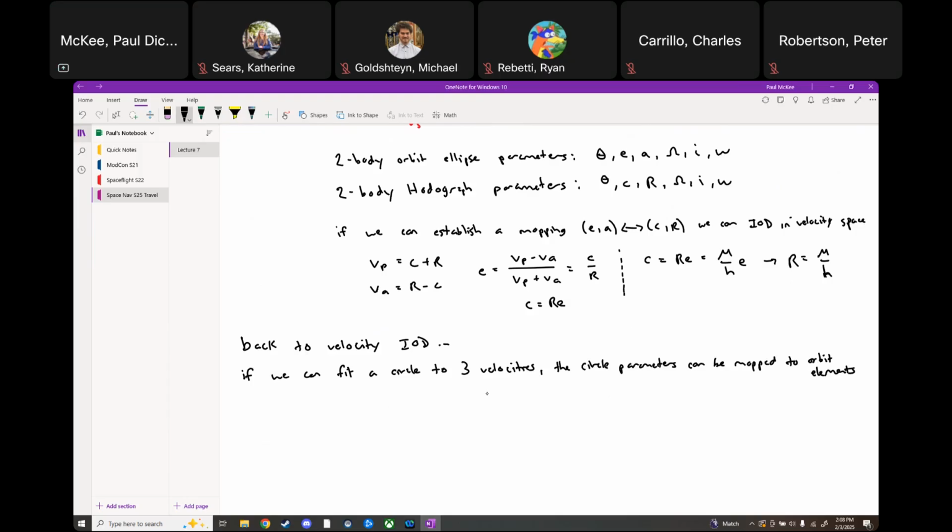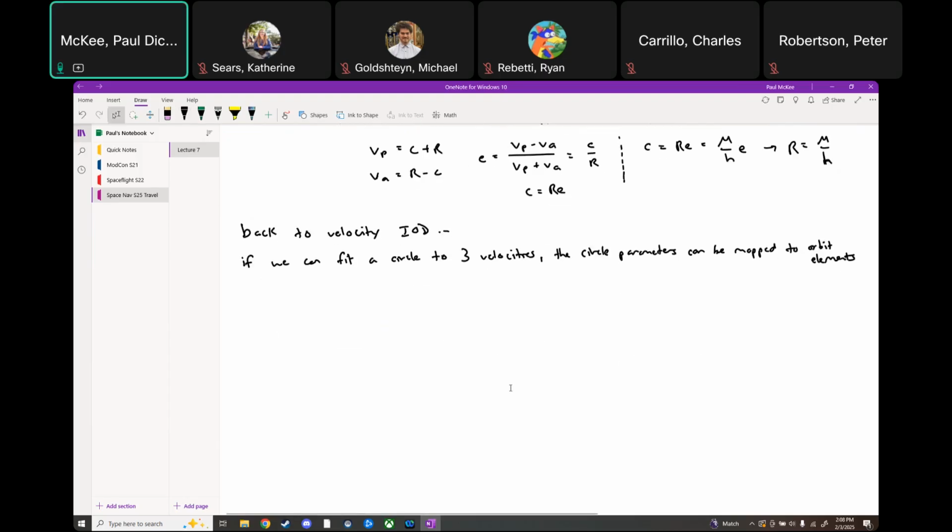Okay, so let me draw a picture here. Imagine that you've just got, and this is in the inertial frame, so the International Celestial Reference Frame, or the ECI frame, X, Y. Imagine that you've just got some velocity here. You can think of it as a point in velocity space.